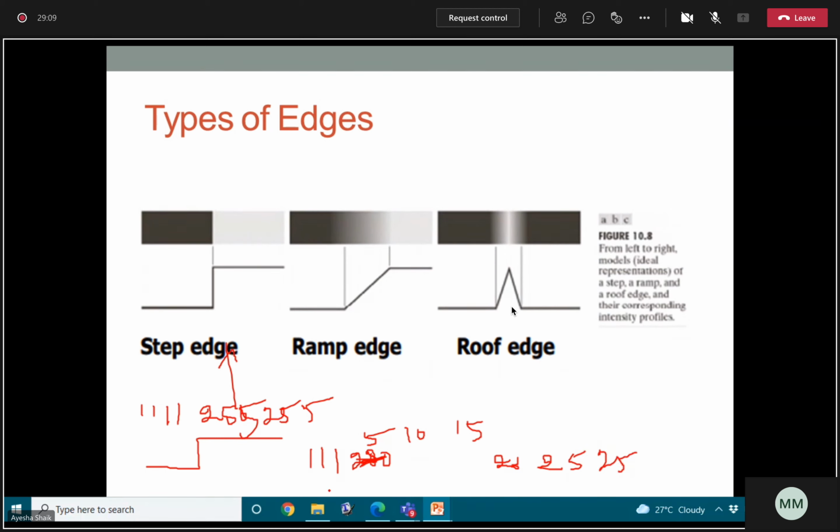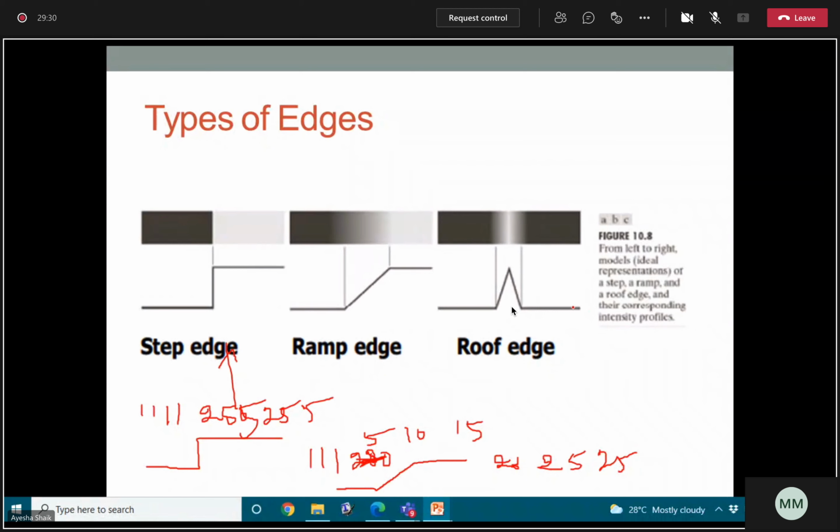So it is constant, then slowly increasing, and then again constant. This is called a ramp edge. The roof edge is also like this: it is constant, then increasing, then decreasing, and then decreased again.